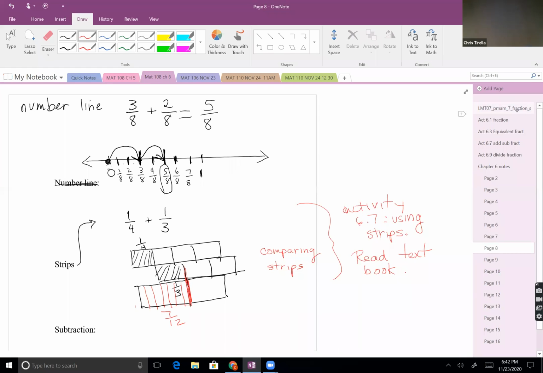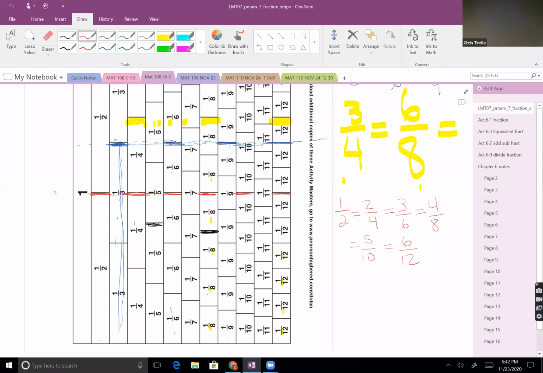Let's see if I go over here to our generic fraction strips. We could see that 1/3 would be equivalent to the 12ths. And we could see that 1/4 is equivalent to the 12ths. So it would make sense that that sum would also be equivalent to something with that denominator.